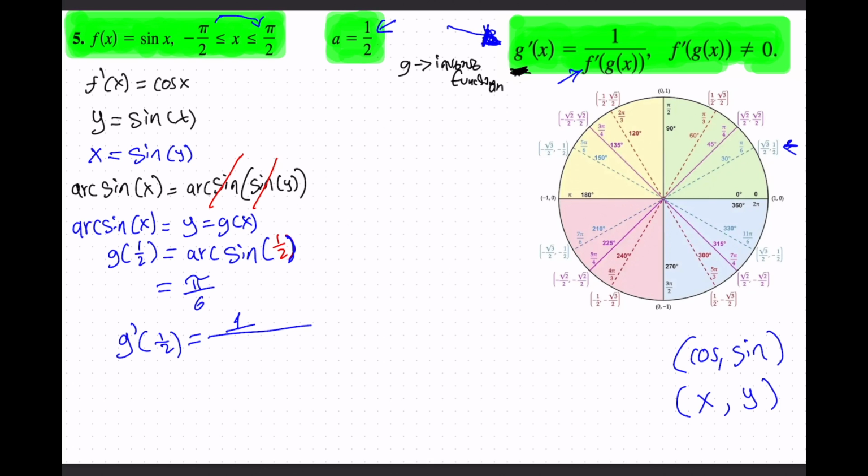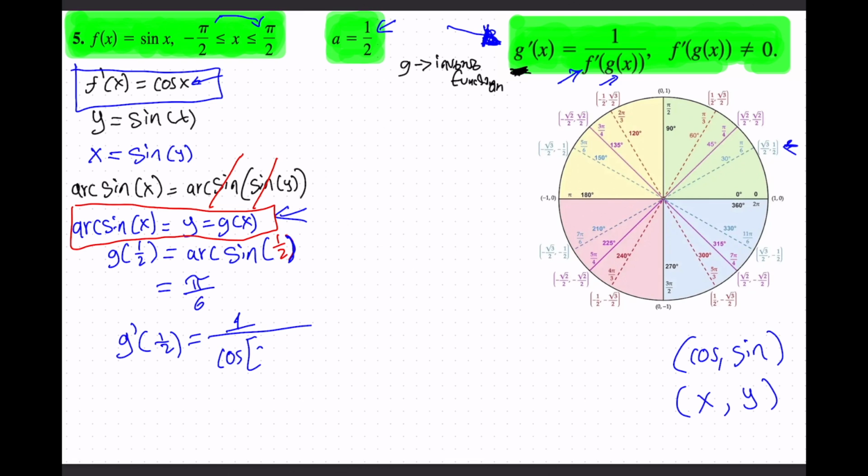So f prime, it's on this side. That will be cosine of, and then we need g of x inside there. So everywhere you see an x, it's replaced by g of x, and g of x is simply here, and that is our arc sine of x.